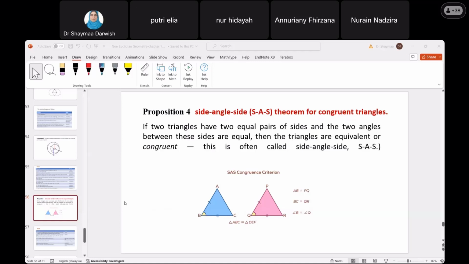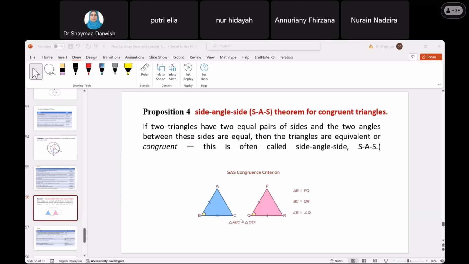Actually, Euclid did not have a definition for congruent triangles. So what the Greeks usually did to prove congruence was to draw the two triangles with these conditions, BC equal to QR, QP equal to BA, and the angle equal to the angle.